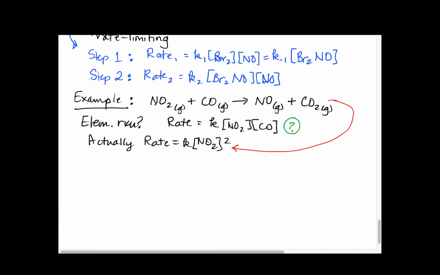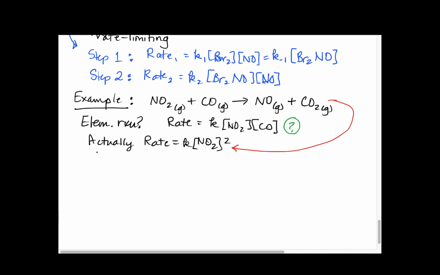Another cue is if you have what looks like a super simple example, like these 2 reactants colliding, it shouldn't take a really long time for this reaction to happen if this is happening in an elementary step, necessarily, right? And as a result, if it is significantly slower than it sort of looks like it should be, that also might be an indication that we might need to look for additional steps in a reaction mechanism.